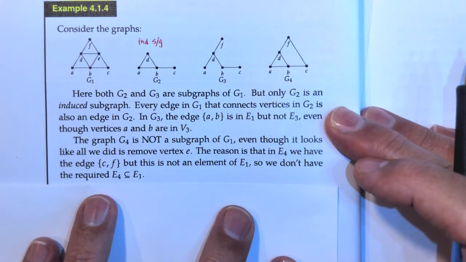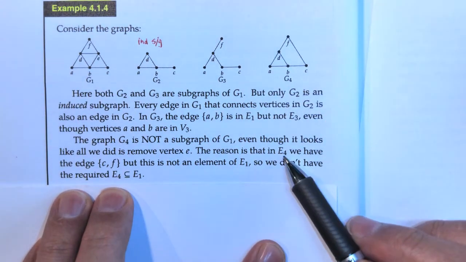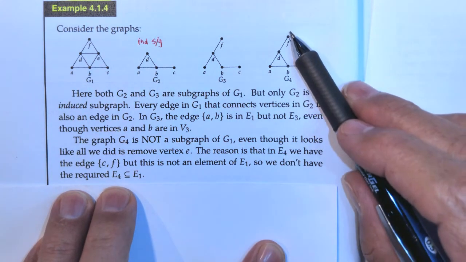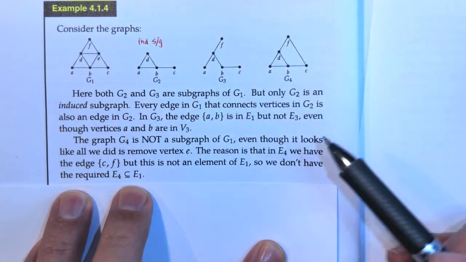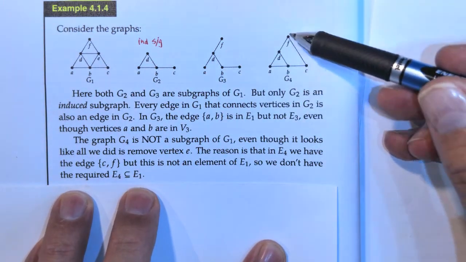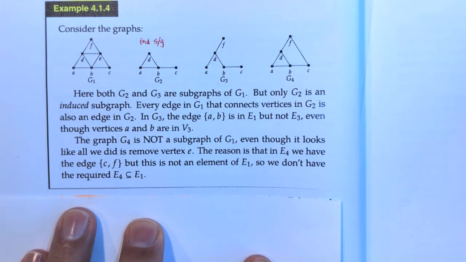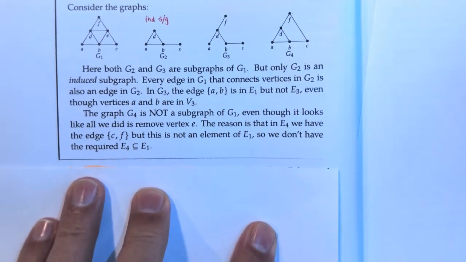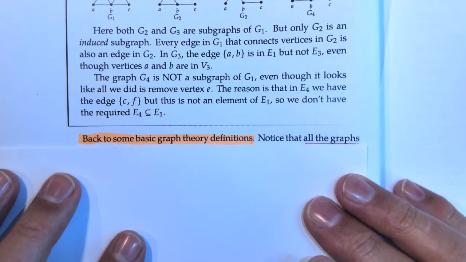So it can't be a subgraph, because the edge set E4 is not a subset of edge set E1, because that edge set includes the edge FC. I hope that helps you to see exactly what he is talking about.